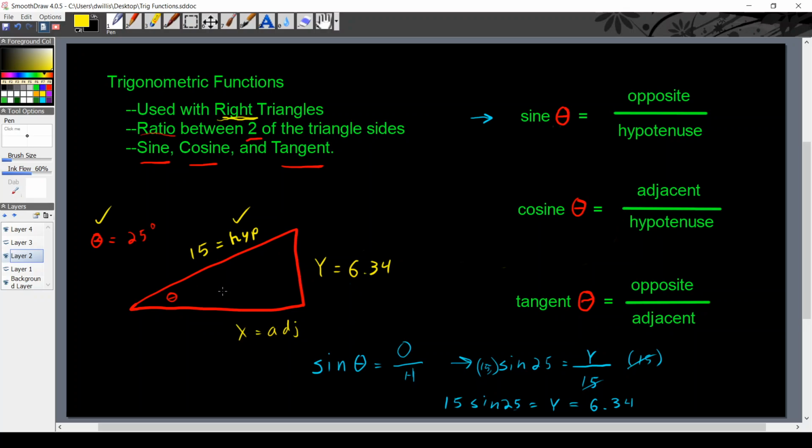Now let's say that at this point I actually have a value for the hypotenuse and I have a value for this side, and so I could use the Pythagorean theorem, a squared plus b squared equals c squared, and solve for the adjacent side that way. But I'd like to continue practicing using my trig functions.